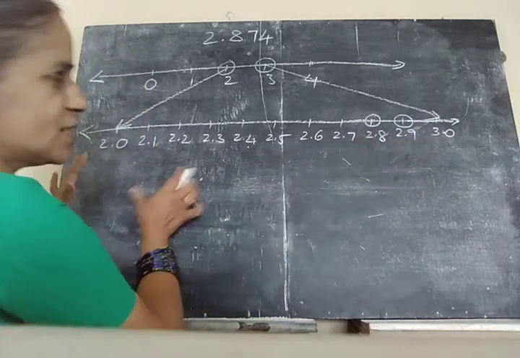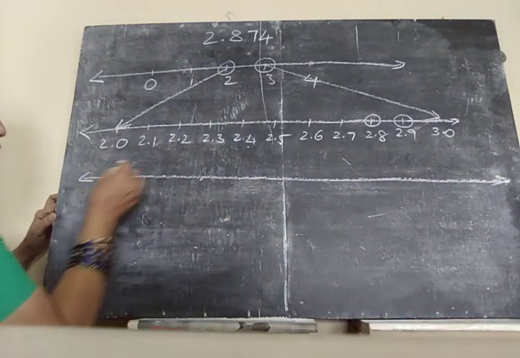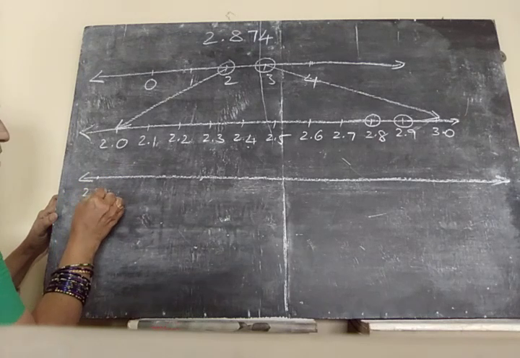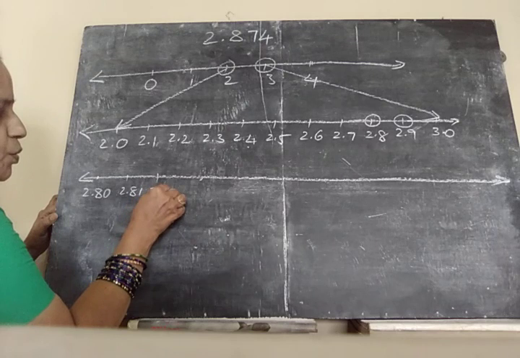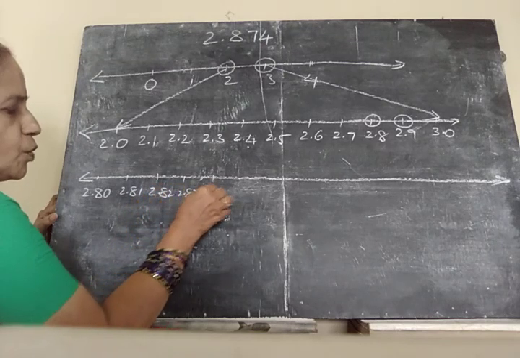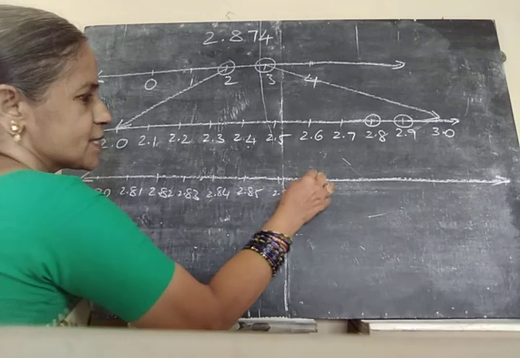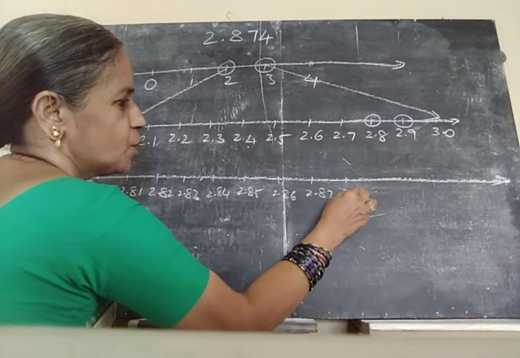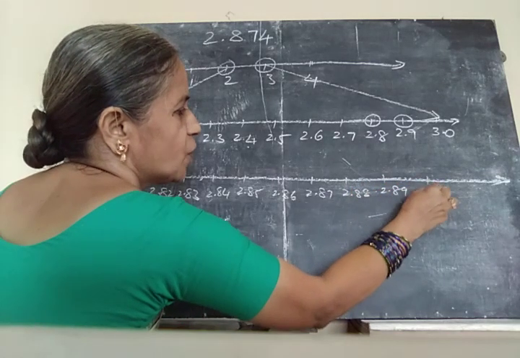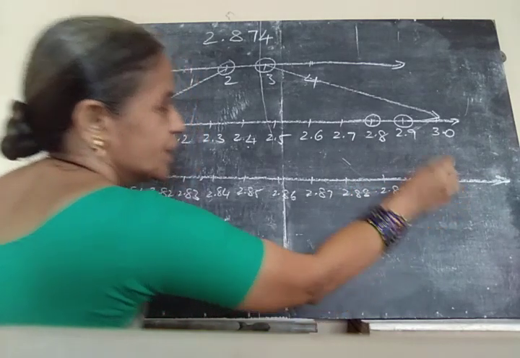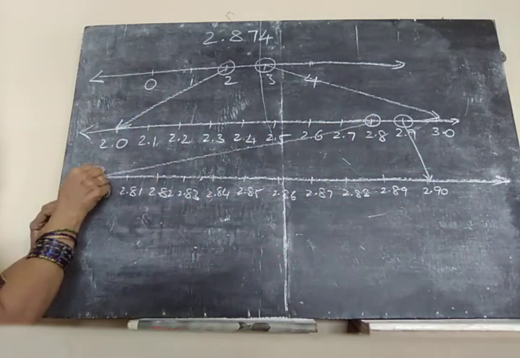So now expand this one again. 2.8 means 2.80, 2.81, 2.82, 2.83, 2.84, 2.85, 2.86, 2.87, 2.88, 2.89, 2.90. It means this is 2.9 and this is 2.8.